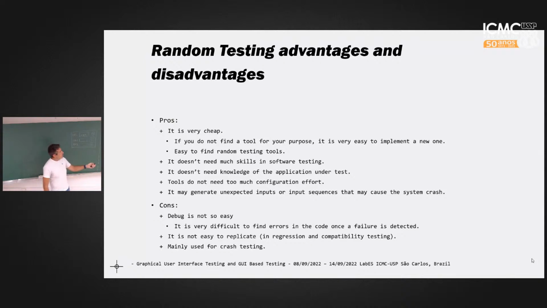Which are the pros and the cons and the weaknesses of random testing? As an example, random testing is cheap. As I said to Marcelo, there are many open source tools like Randoop and EvoSuite that you can use for random testing of applications written in Java or in C. There is Monkey, the tool that Android distributes with the Android SDK.